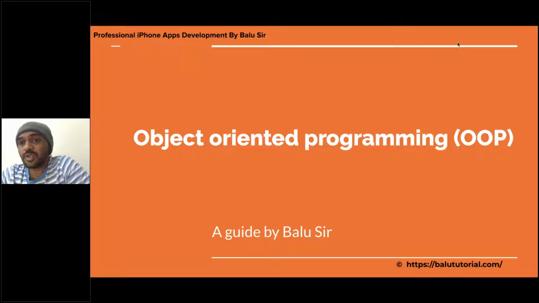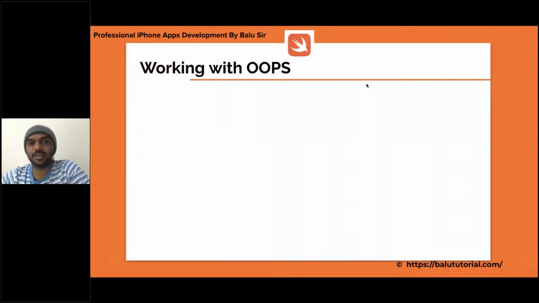Object oriented programming is generally called OOP. Working with OOPs, object oriented programming synapses. Some people will say system, some people will say syntax. It's wrong. Object oriented programming synapses.